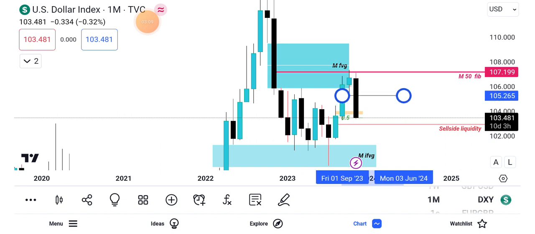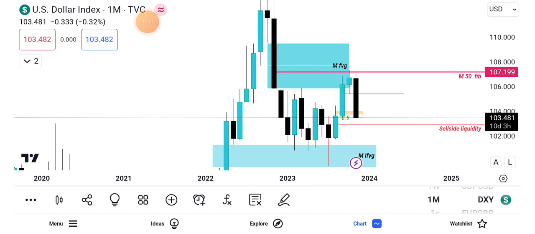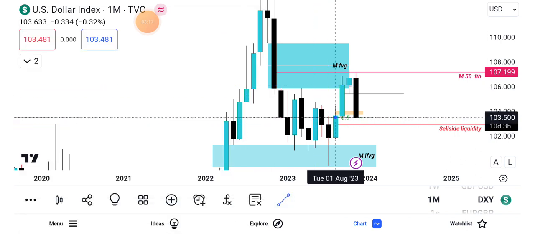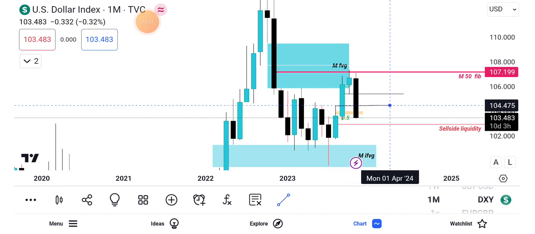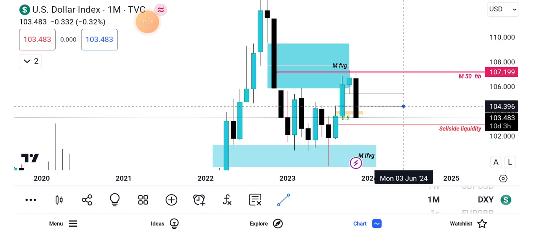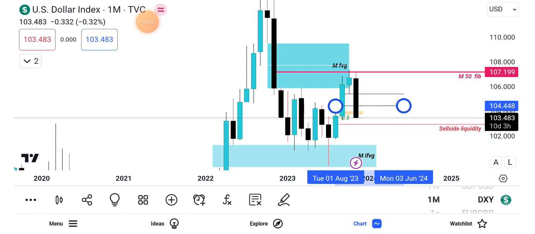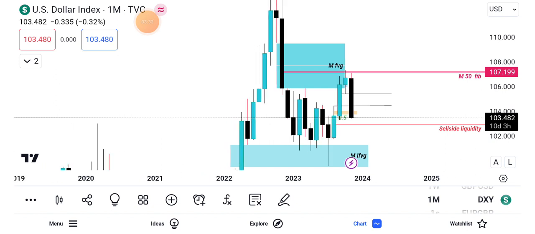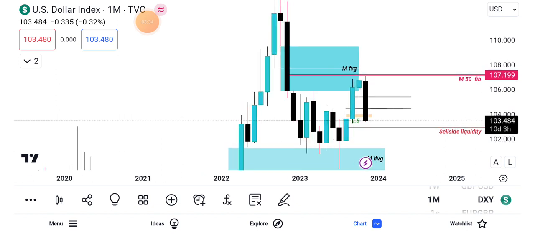So I want to put it at the low, that is the fair value gap's high. And over here you have the monthly fair value gap low. And what else can you see over here? We had this monthly fair value gap.